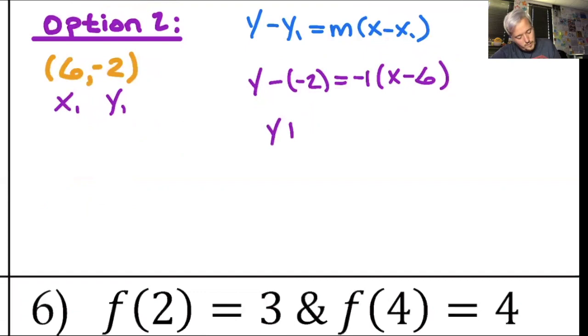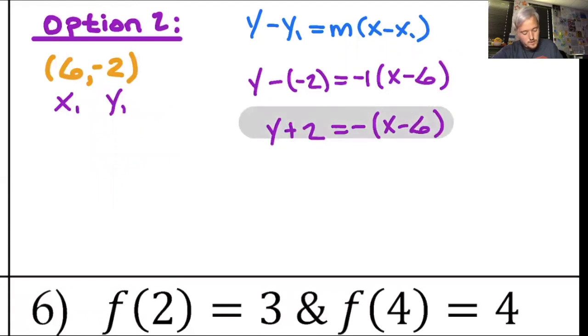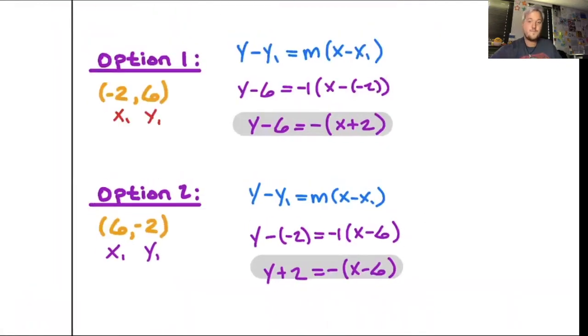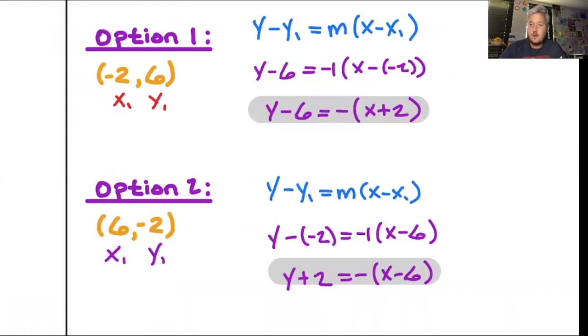So we're going to have y plus 2 equals negative parentheses x minus 6. So this is what we're going to have. So here's the thing. Either one of these on an assessment or a practice or whatever will be accepted. On the practice, you would only have to write one equation. You don't have to provide both.